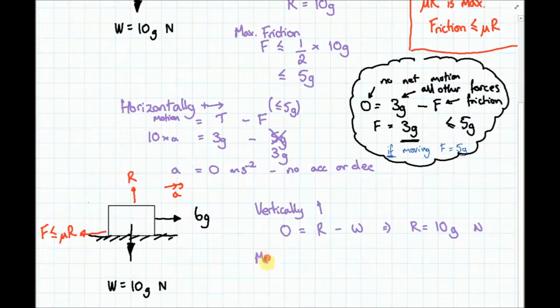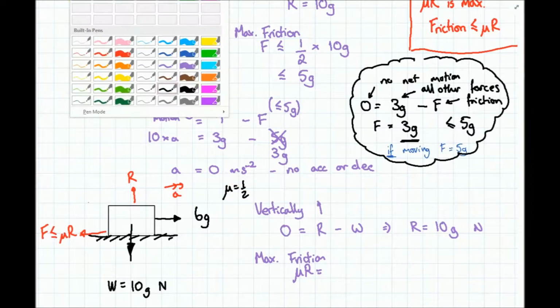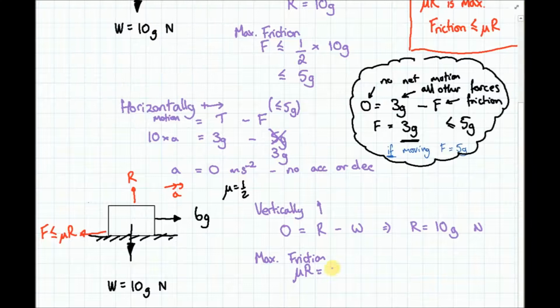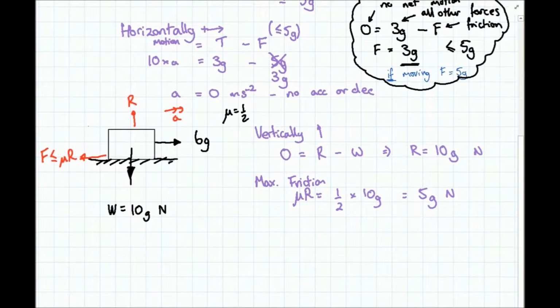Find the maximum friction, μr. And again, mu is a half. We're keeping the same situation going through. So we're going to do our calculation. 1/2 times 10G gives me 5G newtons again. That's the maximum force I can have.